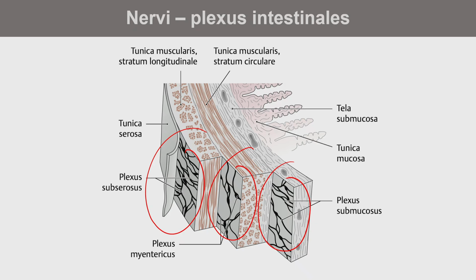So this subserose is a typical the way how the patient is feeling the pain in the peritonitis. For example, when the patient has acute appendicitis or perforated abdominal organ, typically peptic ulcer.